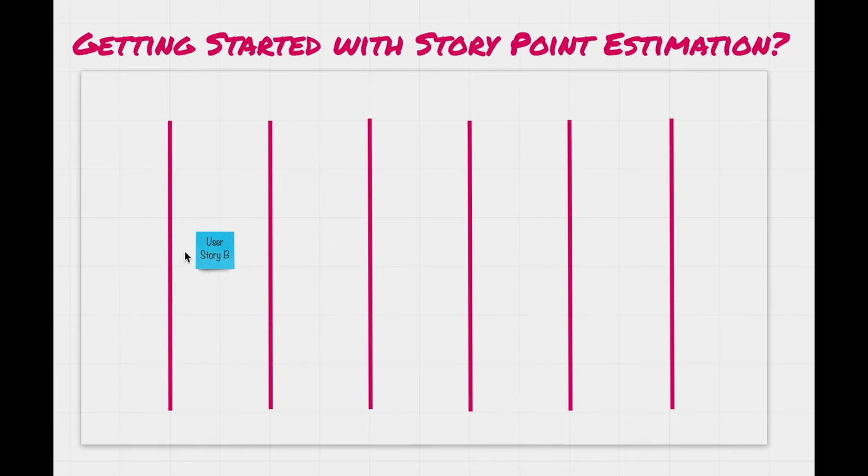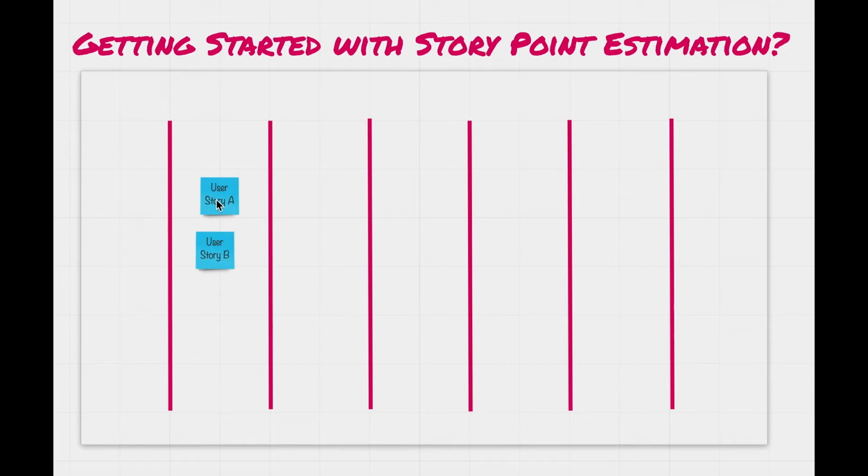Let's assume that user story B is the smallest in terms of size and complexity according to our project requirement. The next step is you pick another user story, let's say user story A, and then you relatively compare this user story with user story B in terms of effort.